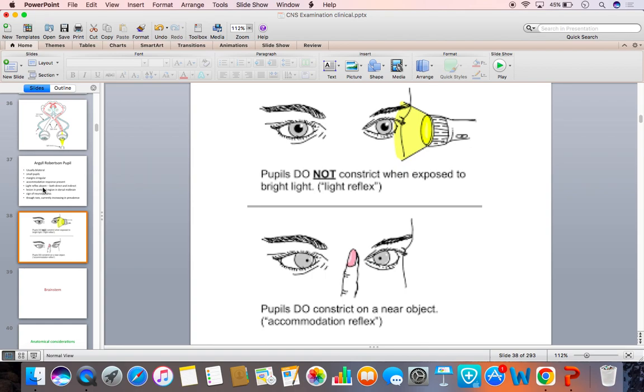Pupils do not constrict when exposed to bright light. Light reflex is absent. Whereas pupils do constrict on a near object. That is, accommodation reflex is present. This is how the Argyll-Robertson pupil looks, with its response to accommodation and absent light reflex.